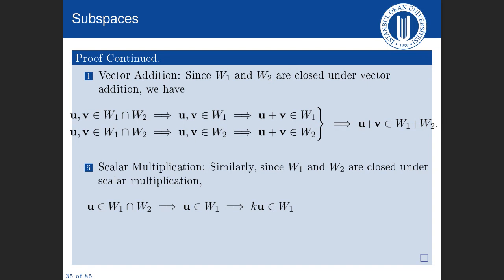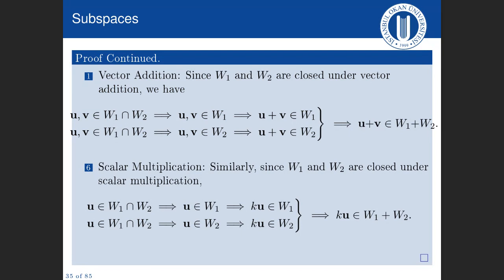And for scalar multiplication, similar argument, because W1 and W2 are closed under scalar multiplication. If U is a vector in W1 intersection W2, that implies U is in W1, which implies KU is in W1, and the same for W2. If U is in the intersection of W1 and W2, then U is in W2, which implies KU is in W2.